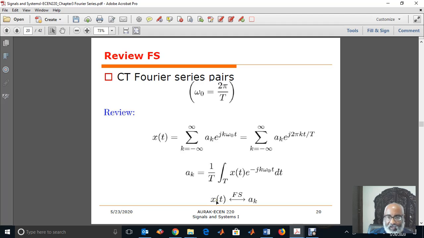It means we can go from time domain to frequency domain and find the a_k using the analysis equation, and you can reconstruct x of t from the a_k using the synthesis equation, which is this. That's why we have two arrows. That means you can go forward or backward.